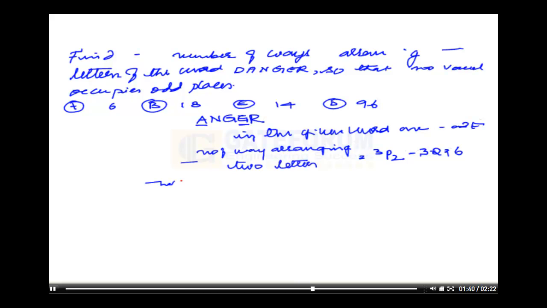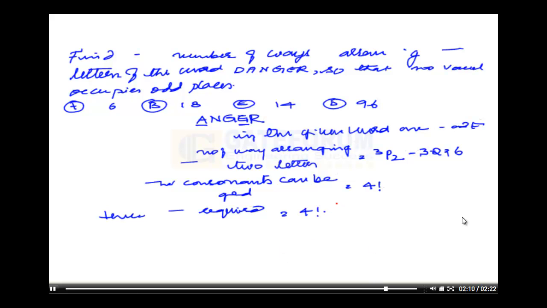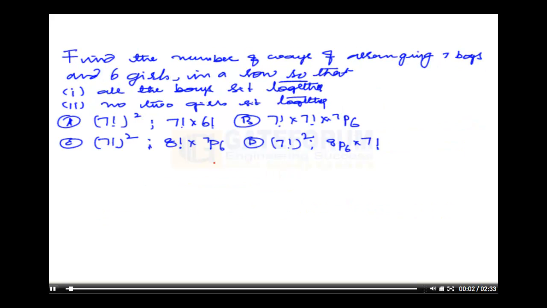These consonants can be arranged in 4 factorial ways. Hence, the required answer is 4 factorial into 6, that is 24 into 6, equivalent to 144. Hence, your answer is C, that is 140.